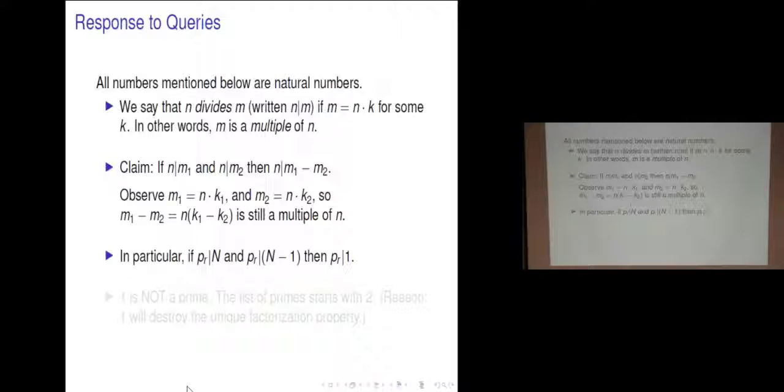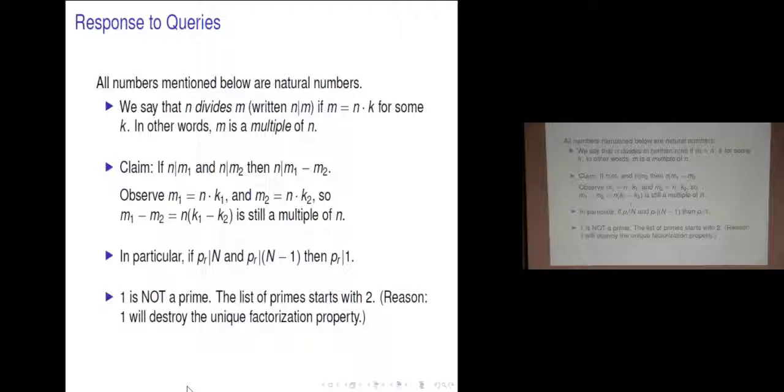By this claim, think of N as m1 and N minus 1 as m2. P sub r divides m1 and m2, so P sub r should divide their difference. But their difference is just 1. So P sub r will divide 1, and we want to claim this is a contradiction. The contradiction depends on this fact.